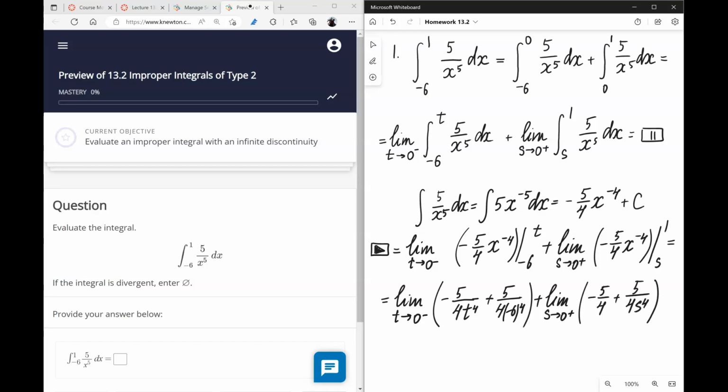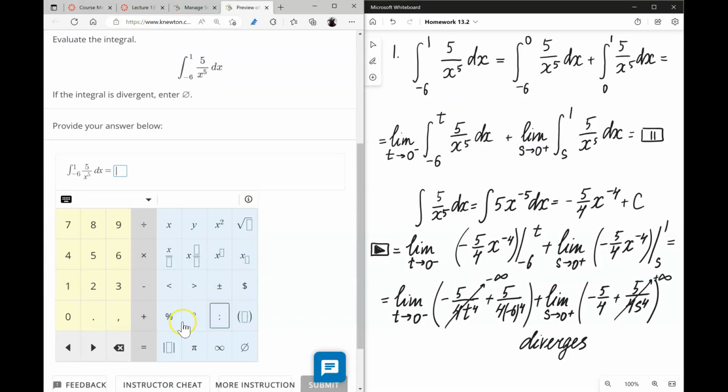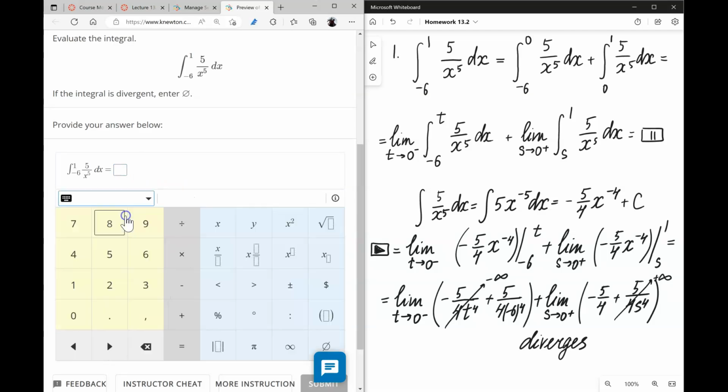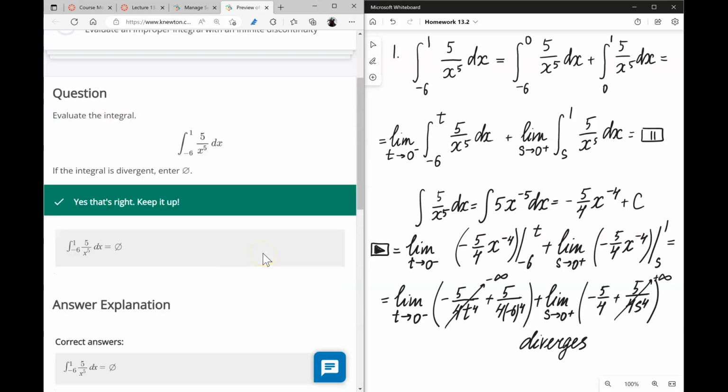And you can see that when t goes to 0, this goes to negative infinity, and this goes to positive infinity, but those infinities do not cancel one another, so the integral actually diverges. The reason is that in order for the original integral to converge, both parts of the sum have to converge. So we're going to input the does not exist answer.